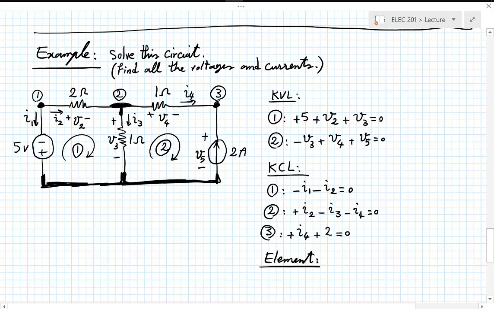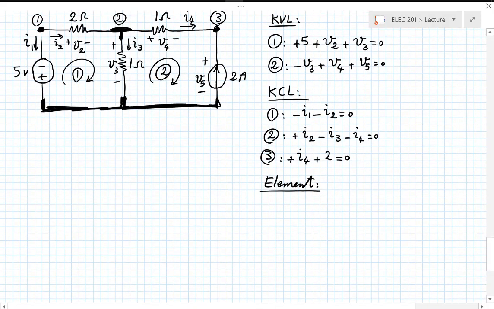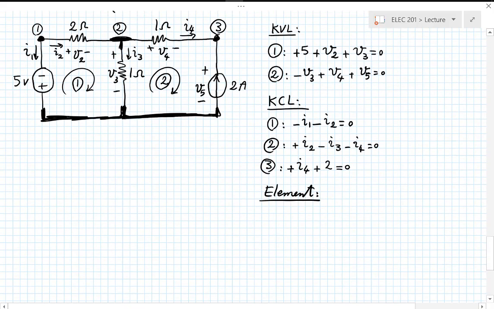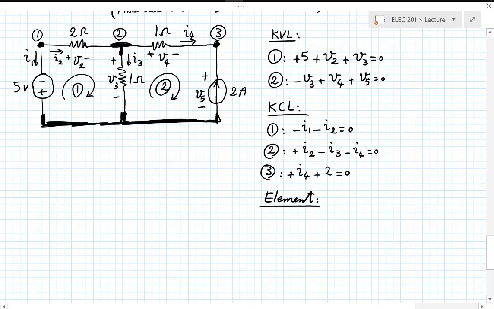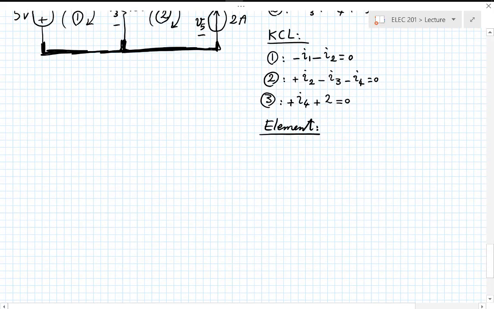If I wanted to be elaborate, I would have called this V1, and then separately I would have chosen to write an equation V1 equals 5 volts. But it's already embedded in those. So I have just the resistors left. V2 is 2 times I2, V3 is 1 times I3, and V4 is 1 times I4.